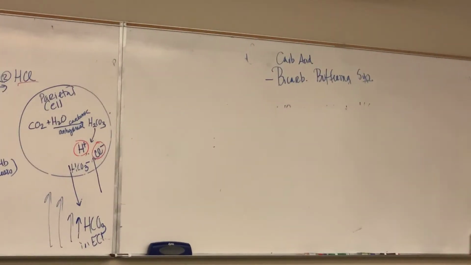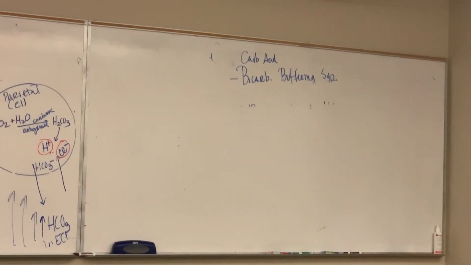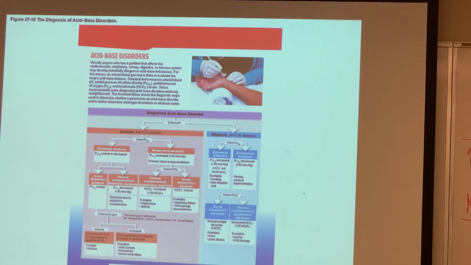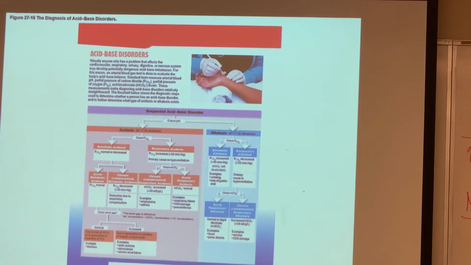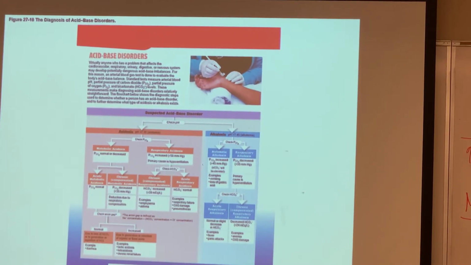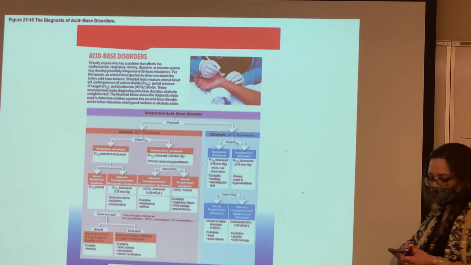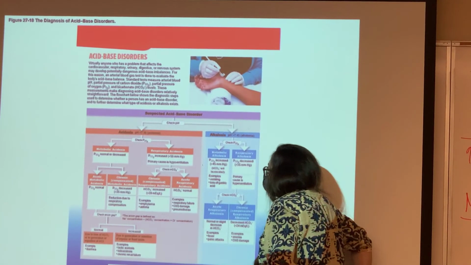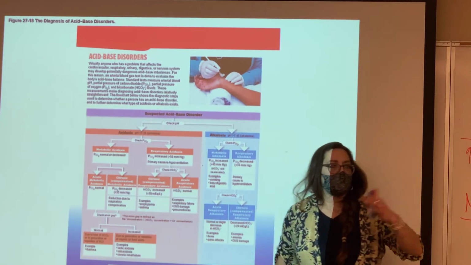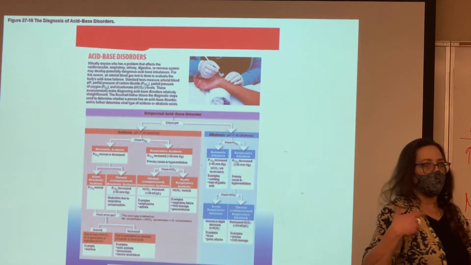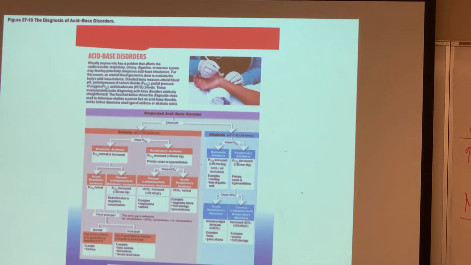And so this basically walks you through how you could very quickly analyze someone's symptoms and their lab results to figure out which of these 4 acid-base disorders that they're dealing with, and then treat it accordingly. So, for example, if somebody comes in and they're showing signs of acidosis or alkalosis, first thing you do is just check their blood pH, right?